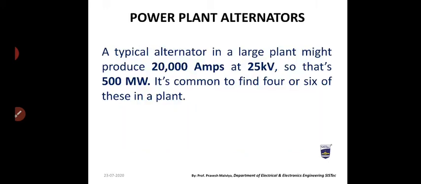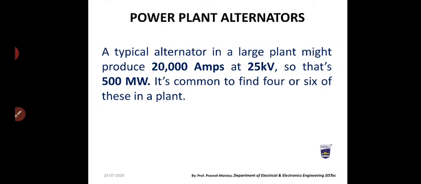Now if we talk about the ratings of these large alternators at a power plant, a typical alternator in a large power plant might produce 20,000 amperes at 25 kV. This 25 kV is the terminal voltage, the generated voltage of the alternator, and its large armature winding can produce up to 20,000 amperes of current.